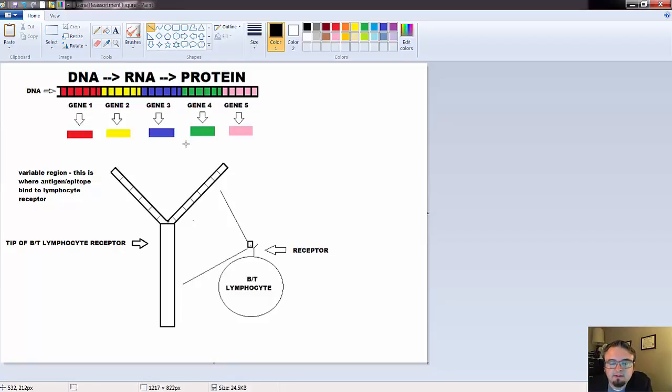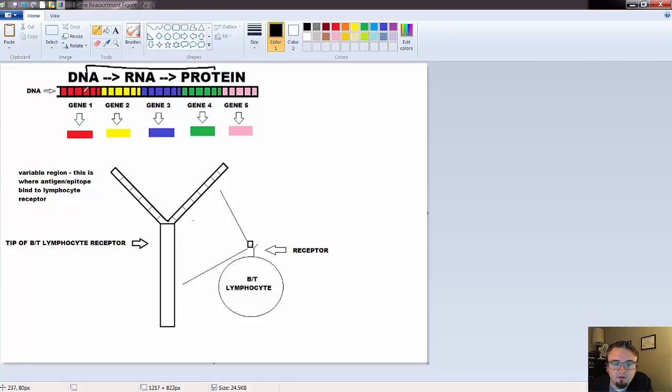Now, when the body is generating lymphocytes, it is going to take 500 genes and rearrange the product of those genes in different combinations. If you remember from chapter 6, we talked about the central dogma of biology, and that is how DNA ultimately is used to create protein. So our DNA contains the blueprints for how to make different proteins.